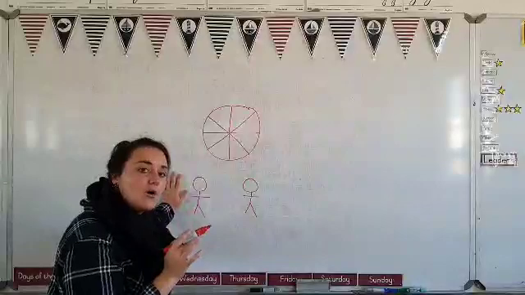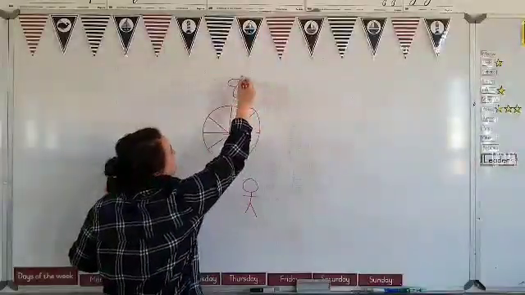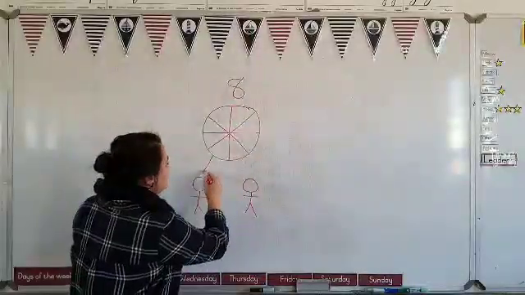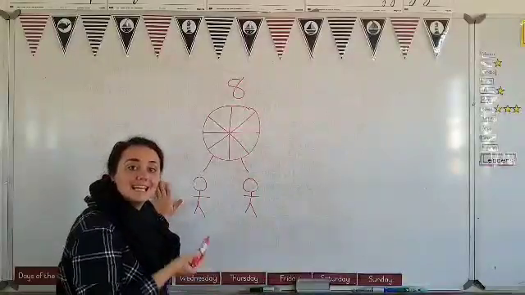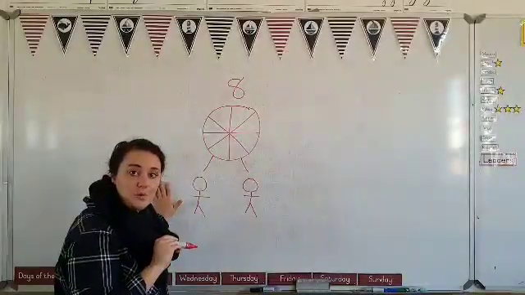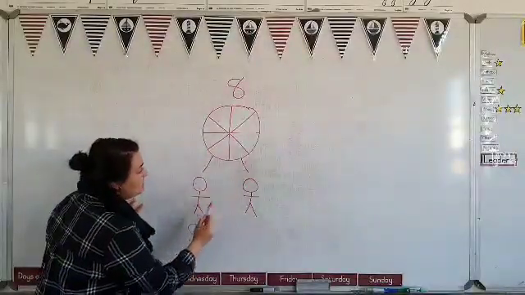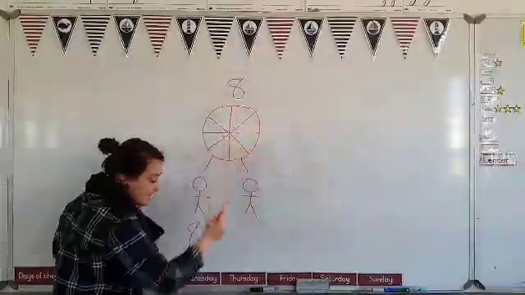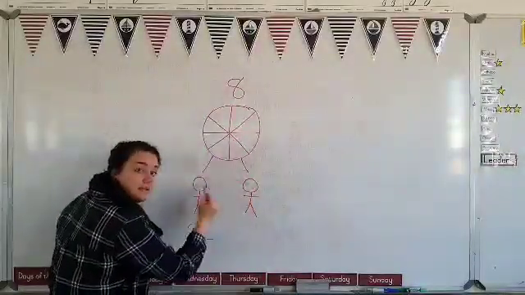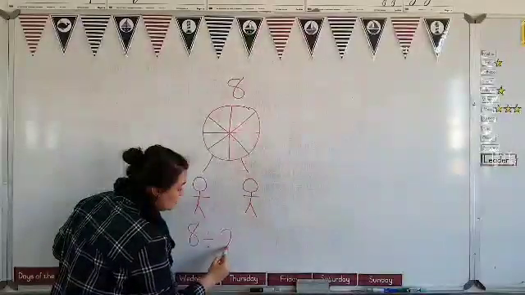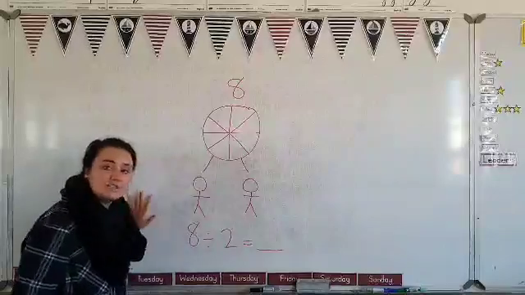Now we want to divide this pizza of 8 slices to see how many slices each person will get. That is what we call division. So it will be 8 because we have 8 slices divided by how many groups? 2. Now we want to get the answer.